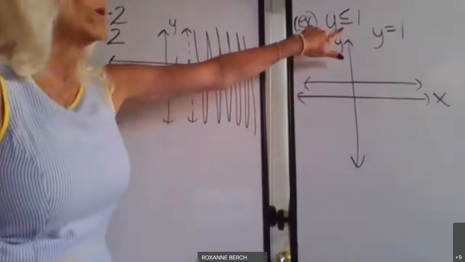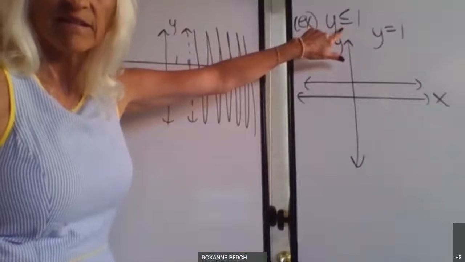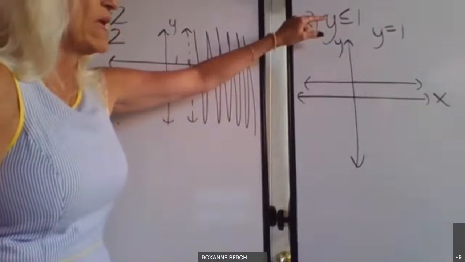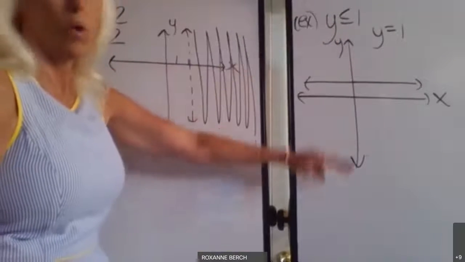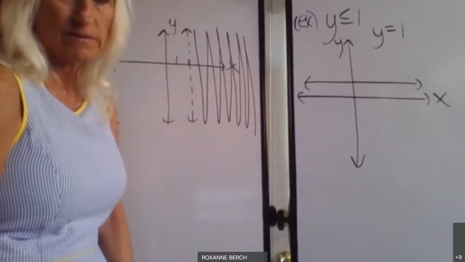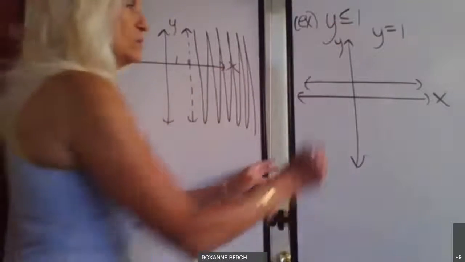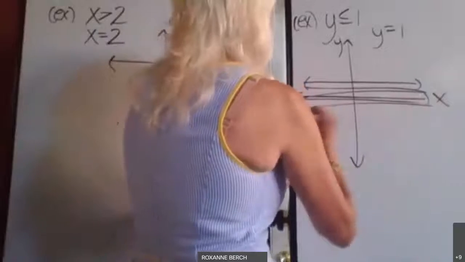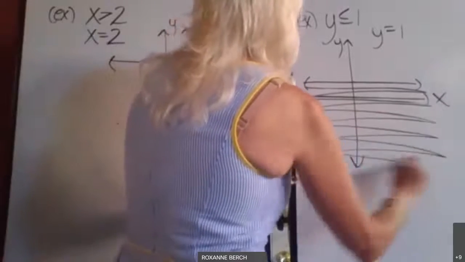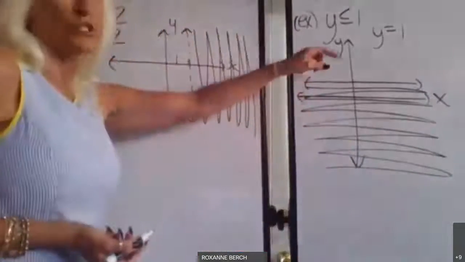And now we say, okay, well, it's solid. And doesn't this mean all the solutions are below 1? All the solutions are less than or equal to 1. So wouldn't less than or equal to 1 look like this? And wouldn't greater than or equal to go above?